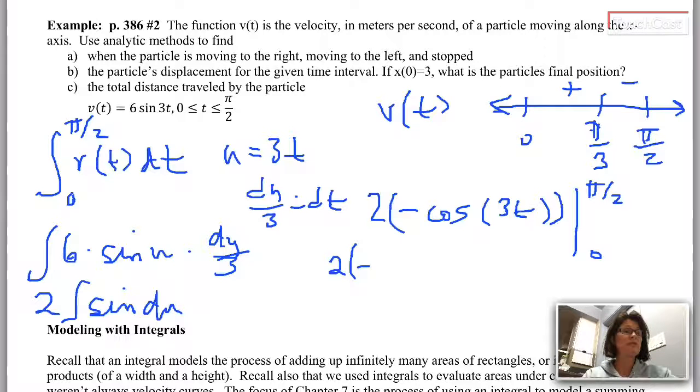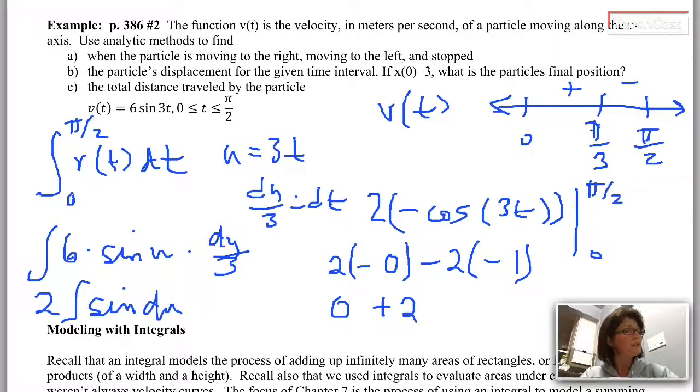Well, cosine of 3 pi over 2 is 0. Minus 2 times the opposite of cosine of 3 times 0, which is 0. The opposite of cosine of 0, the opposite of 1. So it's 2 times 0 is 0 plus 2. The displacement is 2.